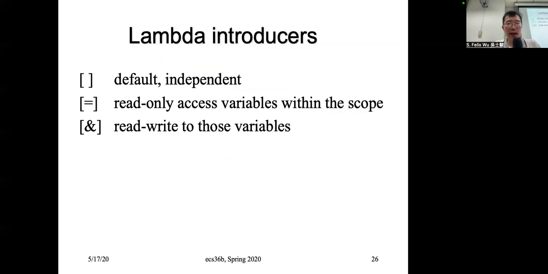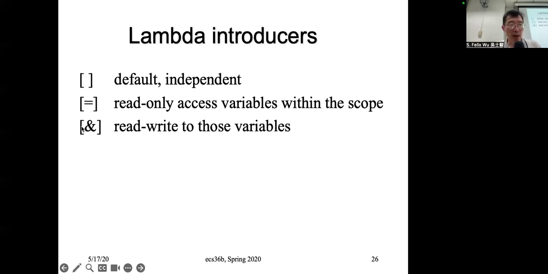The last thing I want to tell you is that in the lambda introducer, you can put some special configuration. If you put an equal sign, that means when you call this lambda, all the variables are going to be accessed by value, which is equivalent to call by value, so you cannot change the value within this function.